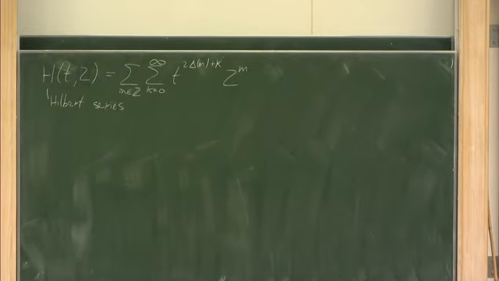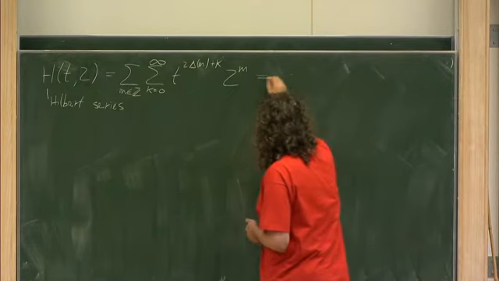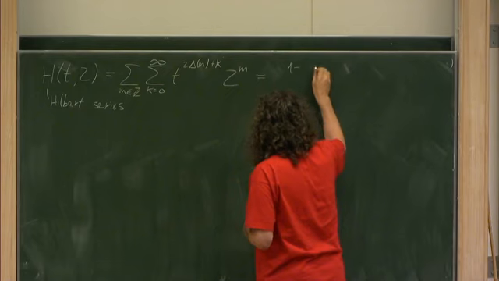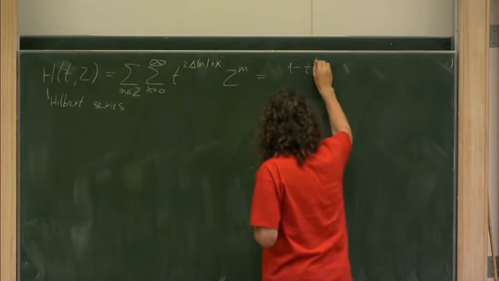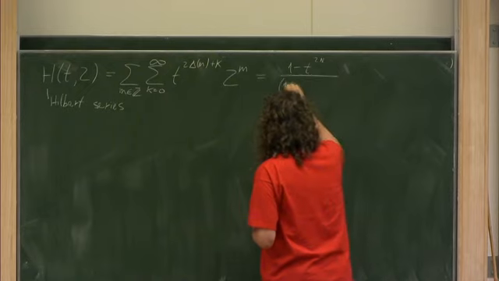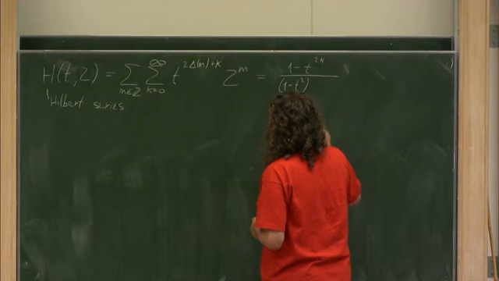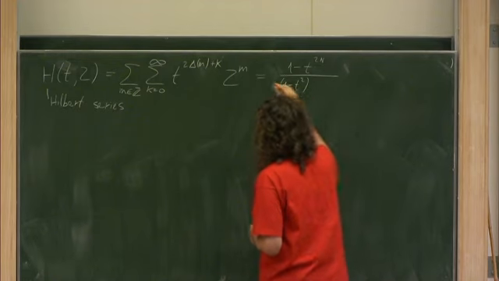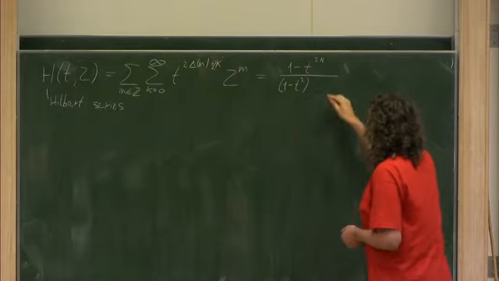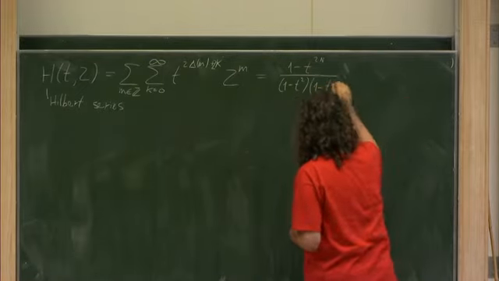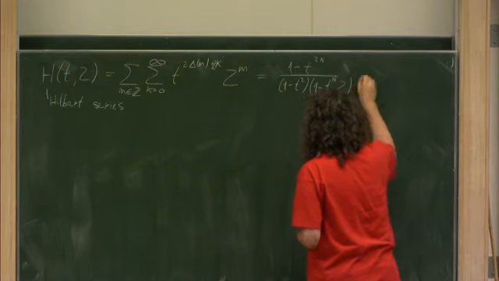Okay? So it's easy to sum this up. I'm going to get a function which looks like t to the 2n divided by 1 minus t squared... it's 2k here, sorry, because I took 2 delta, it's 2k, and 1 minus t to the n times z.